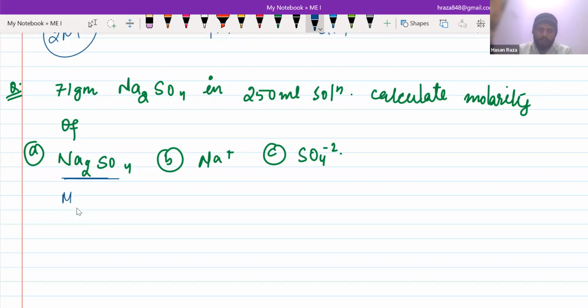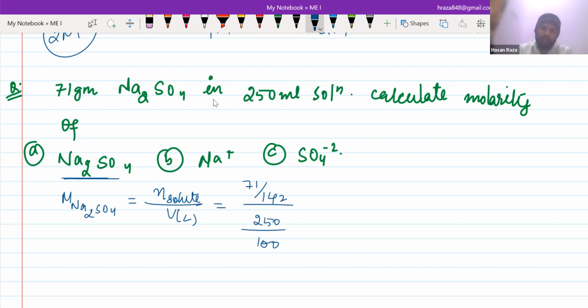So molarity of Na2SO4 will be equal to number of moles of solute upon volume of solution in liter. Now I'm going to put the value of number of moles of solute, that is given mass upon molar mass, and volume of solution in liters. We are going to divide it by 1000, and you will get 1/2 and here 1/4.